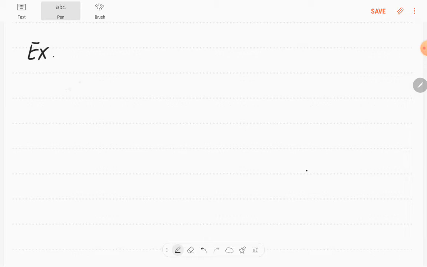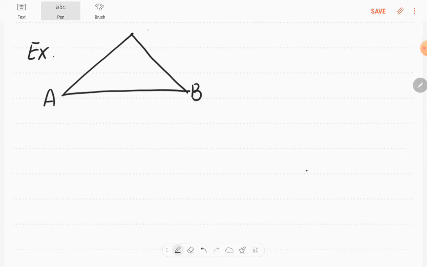For example, this is side A, side B, angle A, angle B, and angle C. We know angle A is 40 degrees, and we know two sides, B is equal to 2 and A equal to 3. So this angle is not between side A and side B, so this is the SSA.